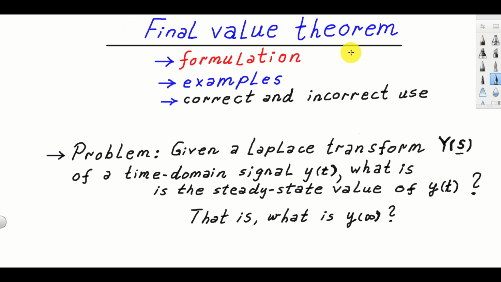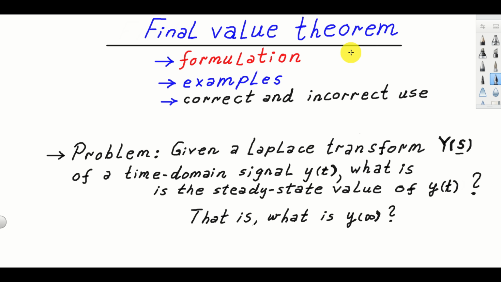This is mainly because the final value theorem is used to analyze the steady state control errors as well as to minimize, or better to say to optimize, the control performance. Also, it has a number of applications in control theory. I cannot imagine myself as a control engineer without the knowledge of the final value theorem.